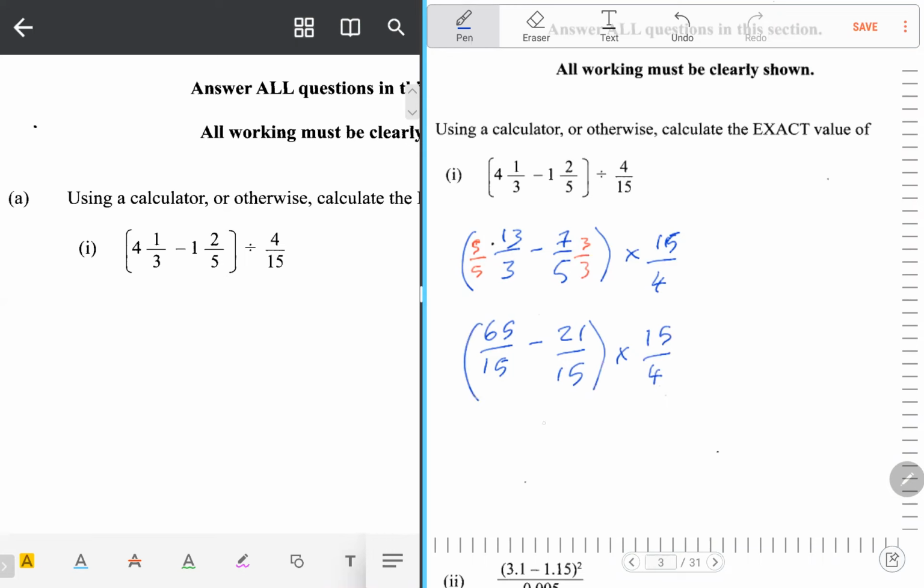So this here becomes 44 divided by 15. And you're multiplying that by 15 over 4. And so this 15 cancels into this 15 one time. And then the 44 cancels with the 4 11 times. All right, and so that becomes 11. So the exact value there is 11.